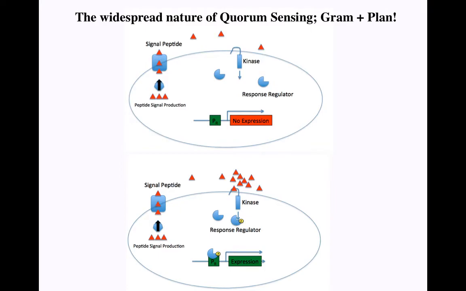Homoserine lactones can go across the envelope easily with no energy. These peptides, once they're outside of the cell, are never coming back in. They are not going to come in to indicate quorum. But it is the accumulation of those signal peptides, just like the accumulation of the homoserine lactones, which is the indication that a quorum has been reached.